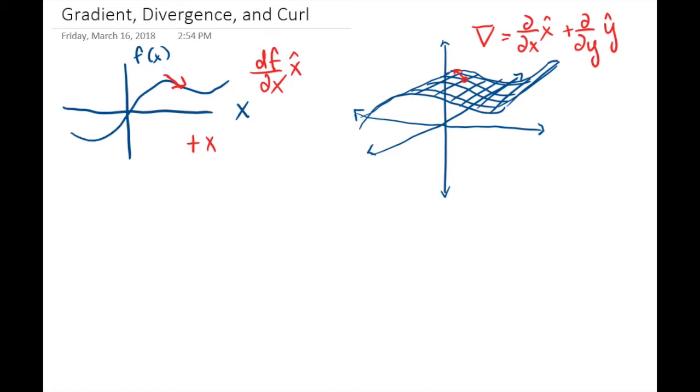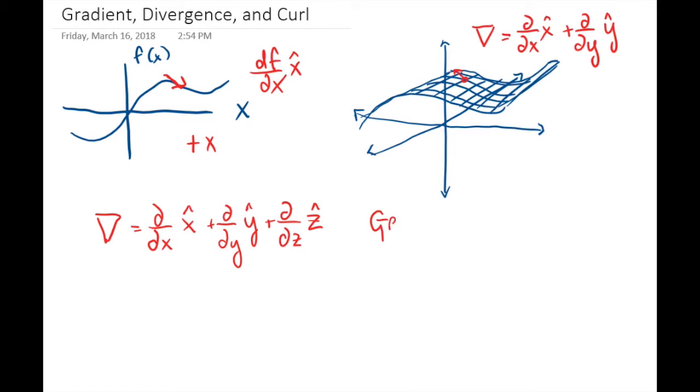And this is the same in 3 dimensions. Del in 3 dimensions is ∂/∂x x hat plus ∂/∂y y hat plus ∂/∂z z hat. These are partial derivatives. And the gradient of a function is defined as this operator operating on the function.